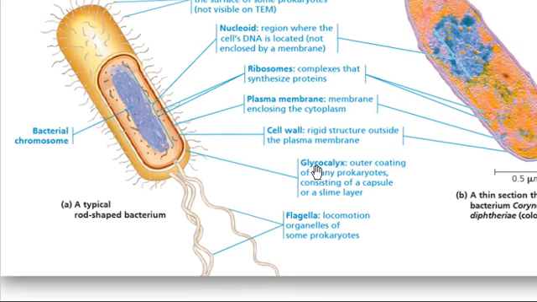They have another structure called the glycocalyx, which is the outer coating of many prokaryotes, and of course they possess structures for movement or locomotion, and these are flagella.